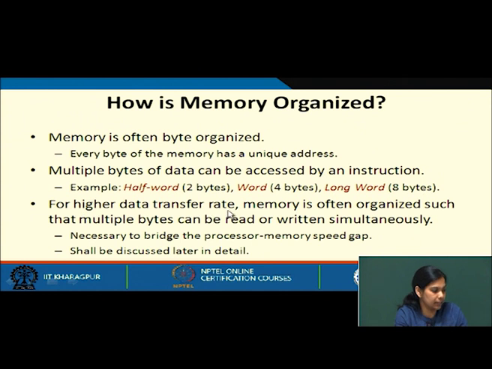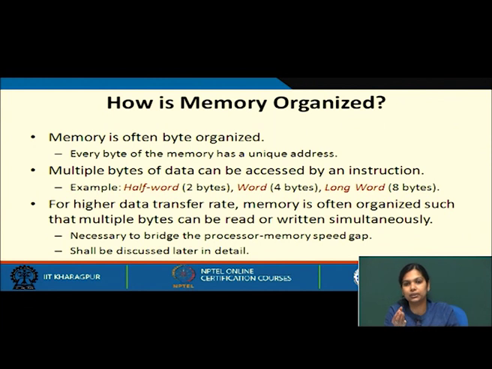For a higher data transfer rate, memory is often organized such that multiple bytes can be read or written simultaneously. This is basically needed to bridge the processor-memory speed gap. We shall of course discuss this later, but I will tell you very briefly about this gap.